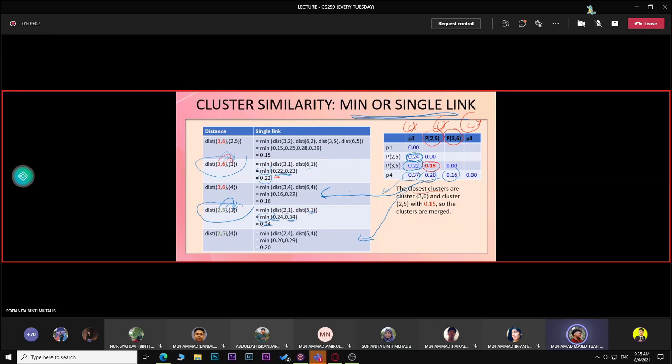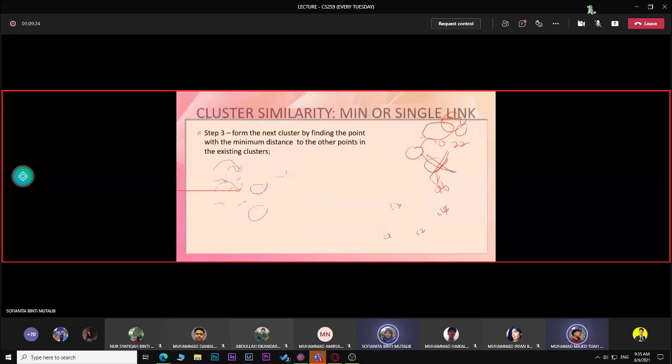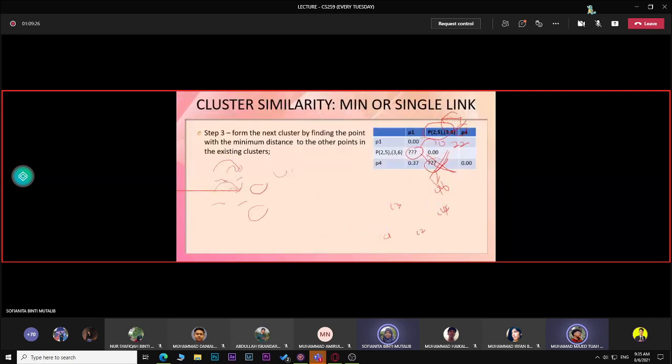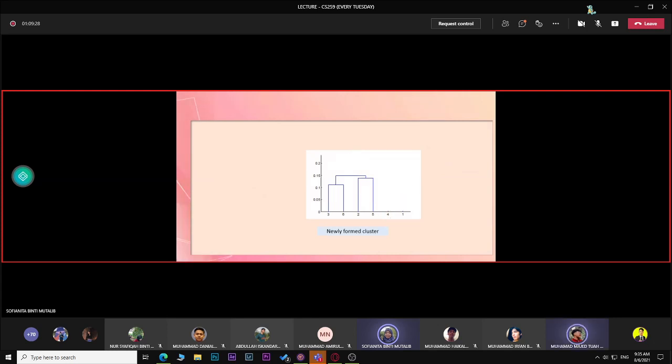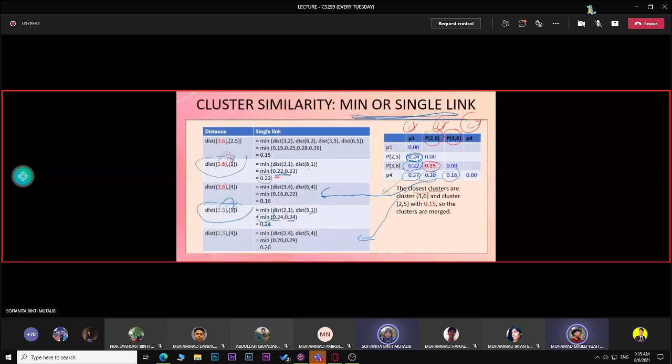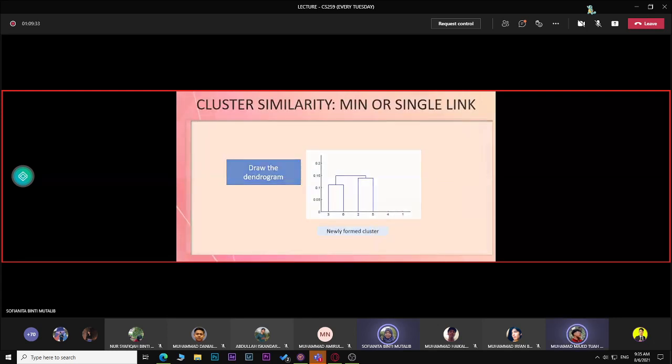So kat situ kita tengok from table yang baru ni, the previous one. Bukannya tengok daripada original sahaja. Yes. Katakan you dah masuk iteration 2, so you tengok previous matrix. Katakan you masuk kepada iteration 3, so you have to refer to the previous matrix in iteration. Alright. Thank you.